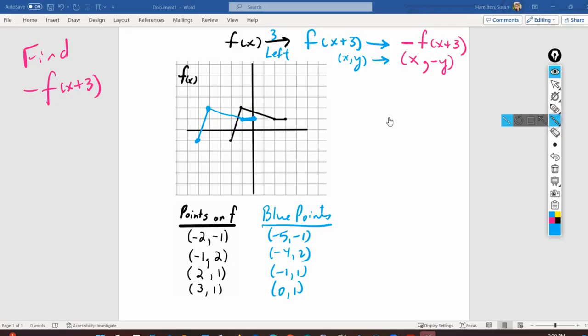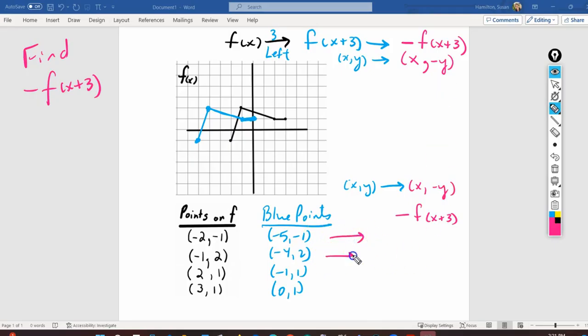So the way I'm going to get from the black to the red is I go from the black to the blue, and then we want to go from blue to red. So the red is going to be the negative of the blue equation. My points in blue are going to become, I have the same x coordinate, but the y coordinate is going to be negated.